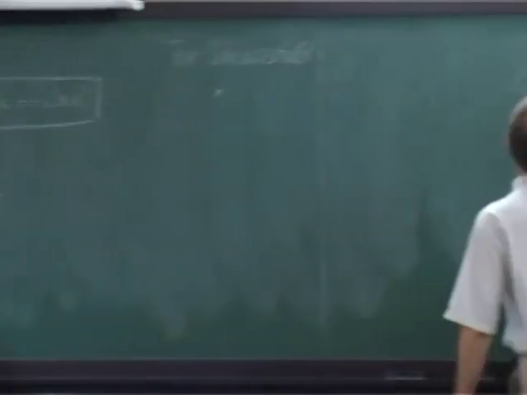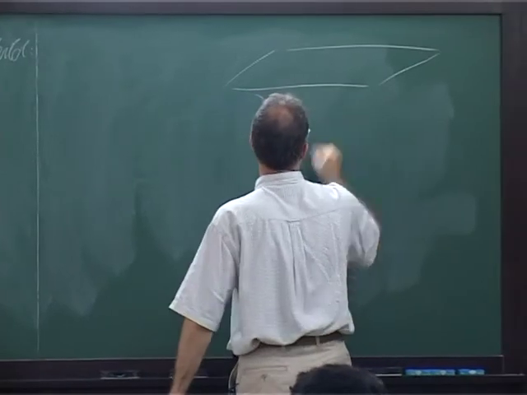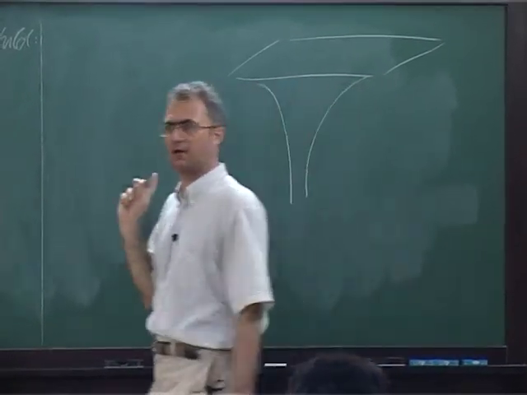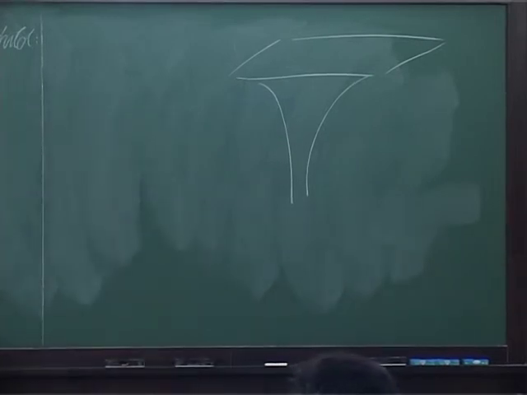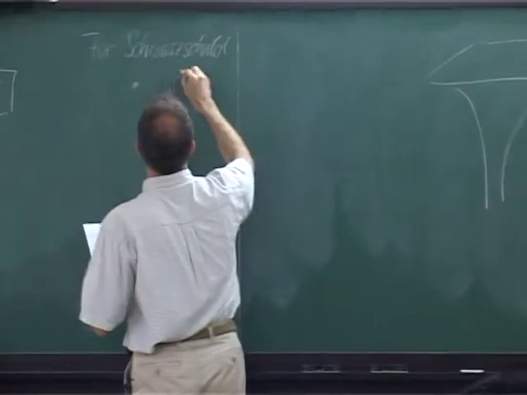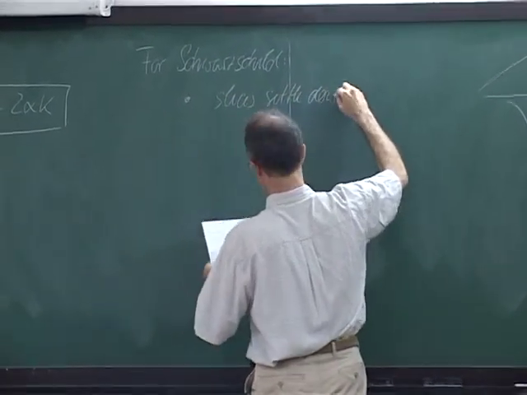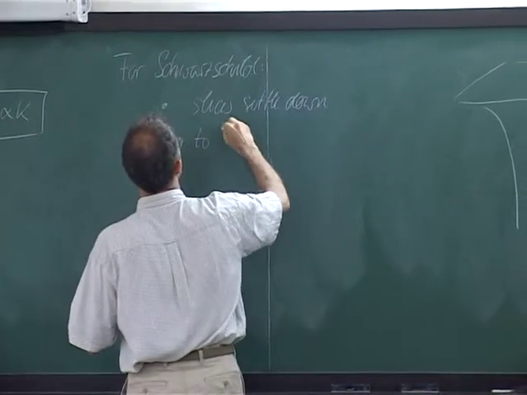So the embedding diagram is now something like this. If you stare at that long enough, it looks like a trumpet, and therefore this is called the trumpet geometry of Schwarzschild. So these slices settle down to a trumpet geometry.